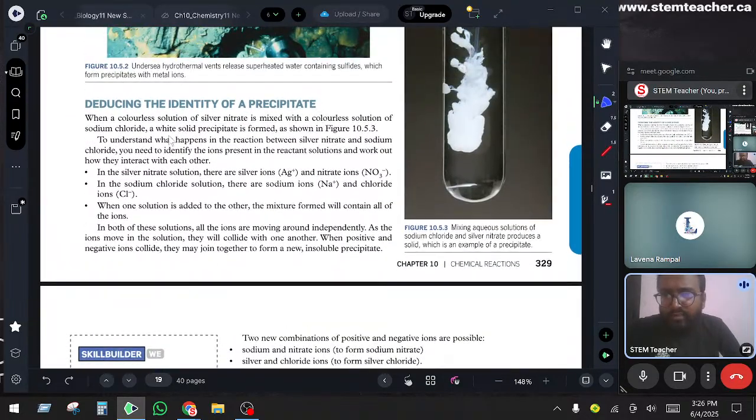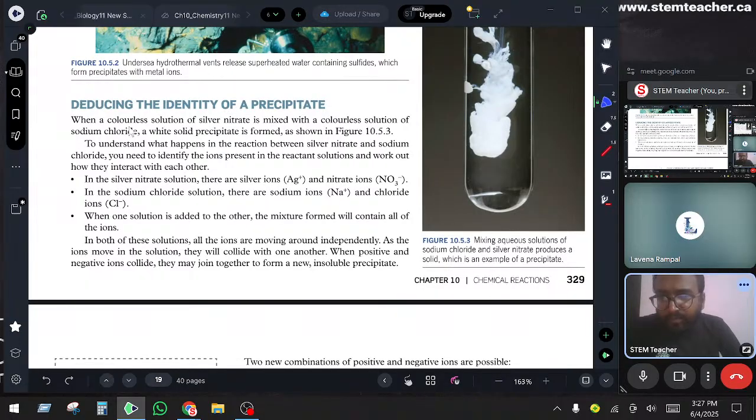Deducing the identity of a precipitate. When a colorless solution of silver nitrate is mixed with a colorless solution of sodium chloride, you can see colorless liquids. It is a liquid solution, silver nitrate mixing with sodium chloride. A white solid precipitate is formed, and this is an example.